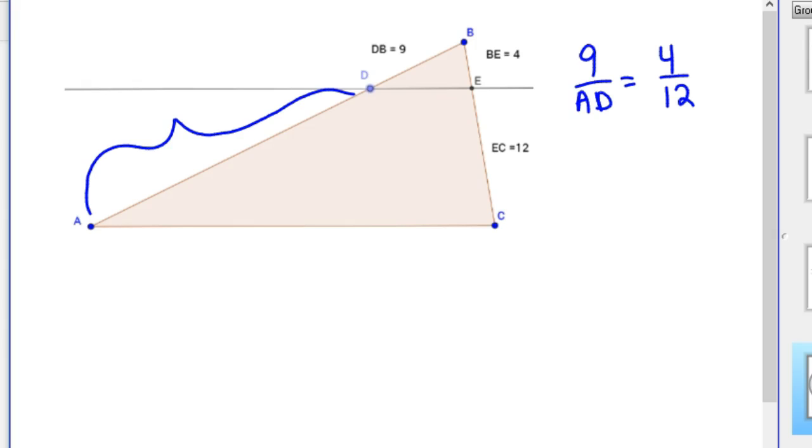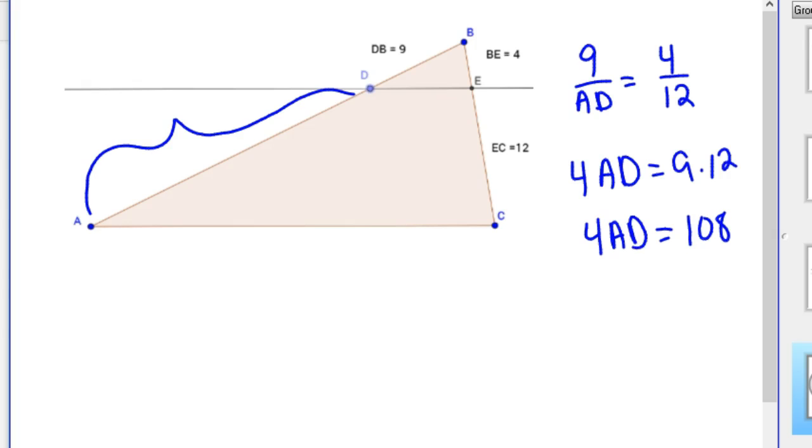Cross multiplying that, 4 AD equals 9 times 12, and 9 times 12 is 108. Then you divide by 4 on both sides, and AD is equal to 27.